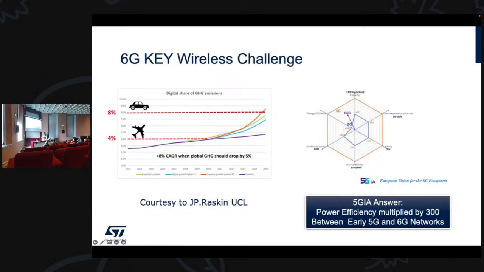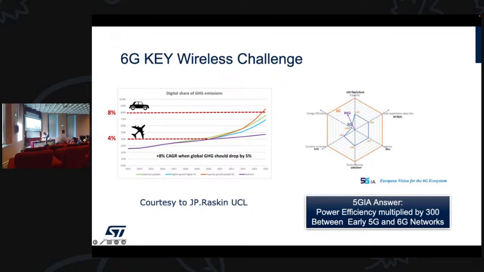And 6G will exist if we don't have a high impact on the Earth climate, and especially if we are compliant with the Paris agreements. So what does it mean?